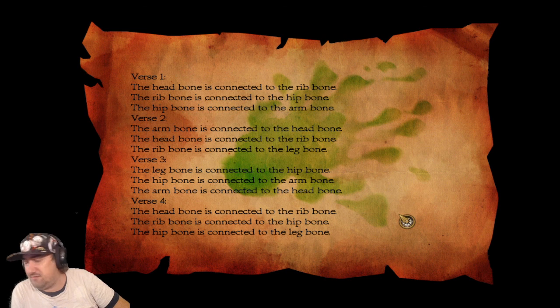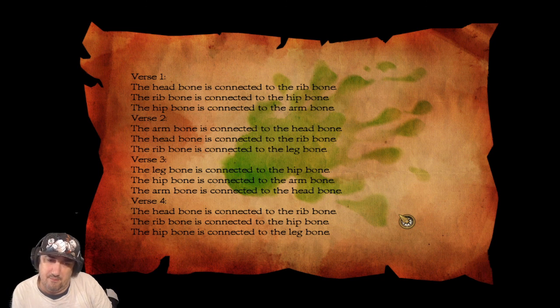So verse 3, line 3 is wrong. Alright. Okay. Verse 4. The head bone is connected to the rib bone. Yes. Well, yeah. Hip bones are connected to. No. Okay. Verse 3, line 2 is wrong.